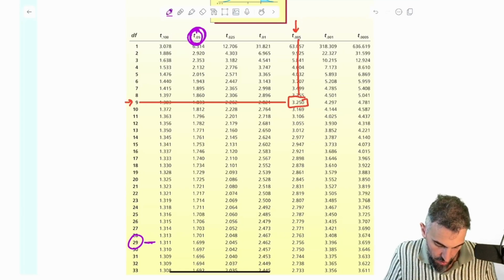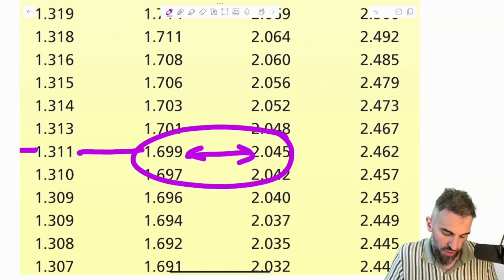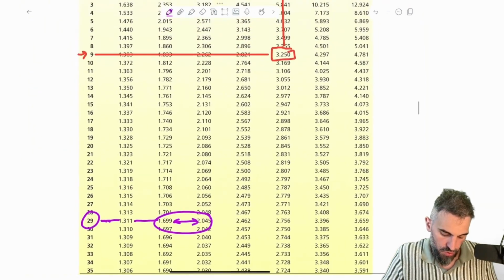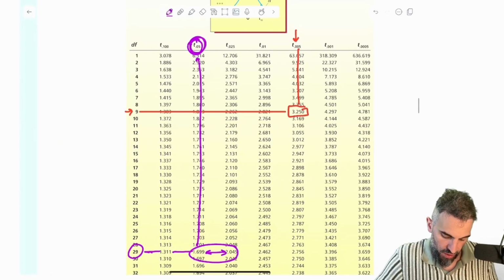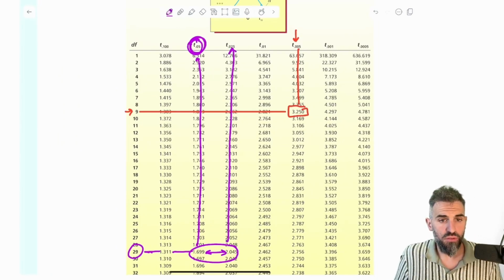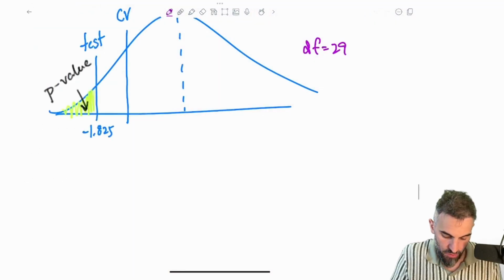1.825. So you have to look, and it's going to be between these two, right? It's between those two. So then you follow it up, because you want to know between what 2 columns is it? 0.05 and 0.025. Okay, let me write that down. So 0.025 and 0.05.